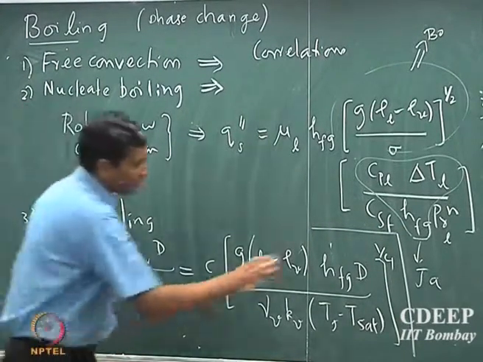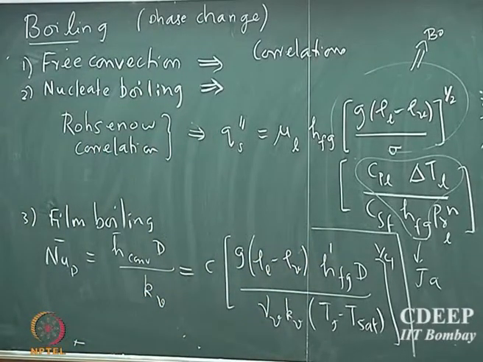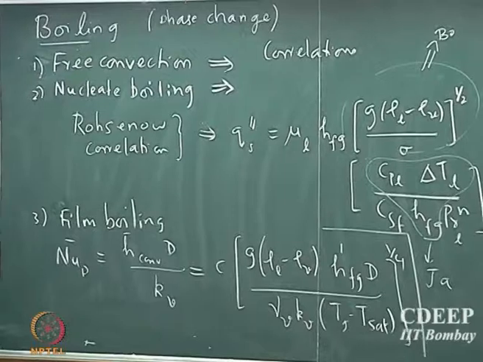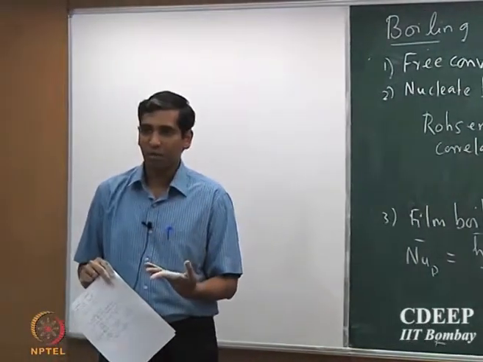So for Hf, I have put a prime here. The reason I have put a prime is that, depending upon the temperature difference, it could be just the conduction mode of heat transport at the boundary, or you could also have a radiation mode of heat transport.